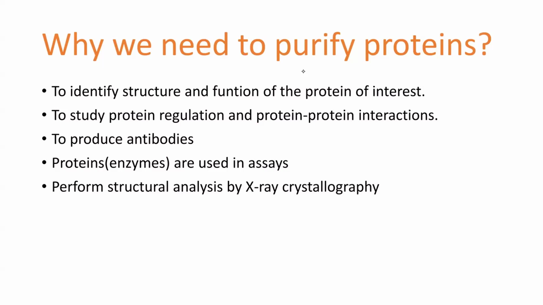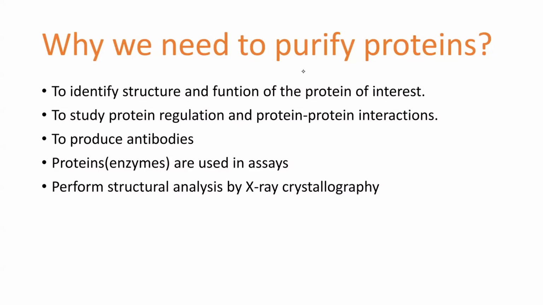It's simple, because when you say structure, it's different. Remember, yesterday we talked about the primary, secondary, tertiary, and quaternary structure of proteins. So if you want to understand the structure and the functions of a particular protein, you have to isolate it. That is one of the reasons why you need to purify proteins: for you to know its structure and the functions that it elicits.